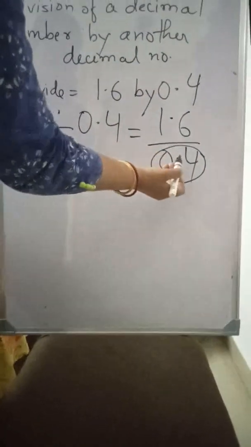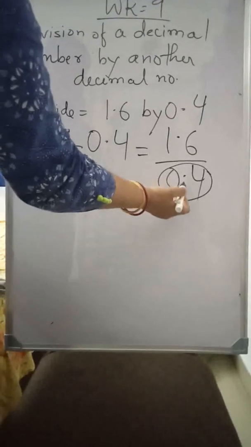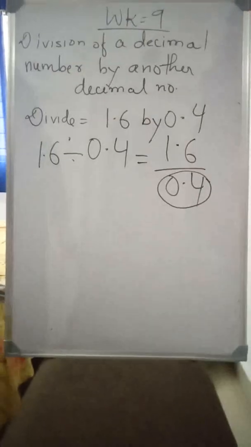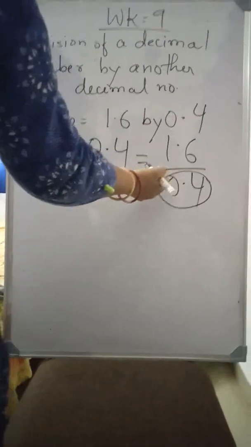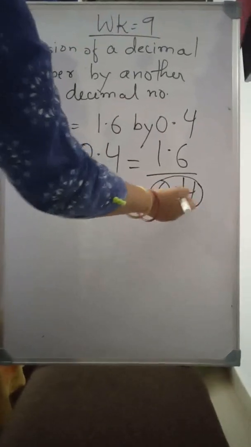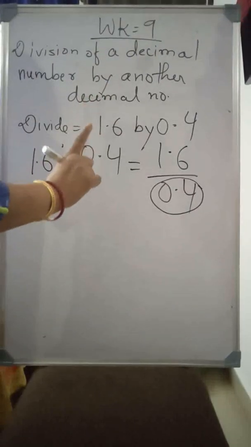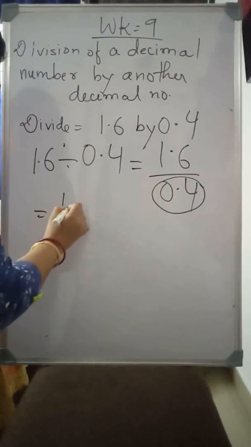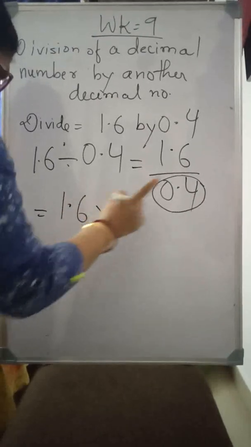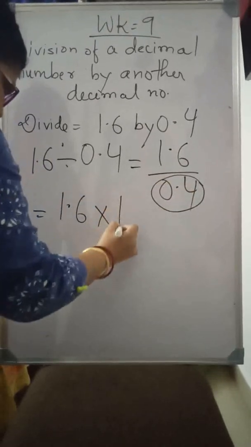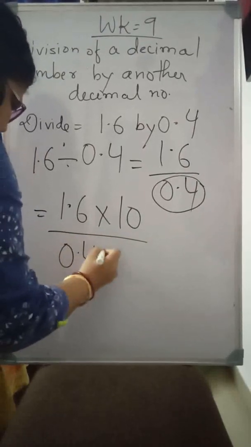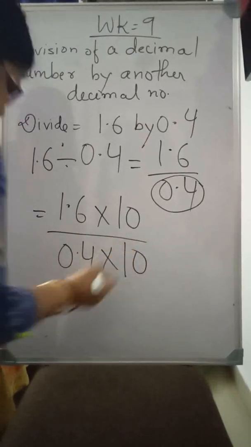How to change this decimal number into a whole number? This 0.4 has one decimal place. So 1.6 will be multiplied by 10 and 0.4 will also be multiplied by 10.